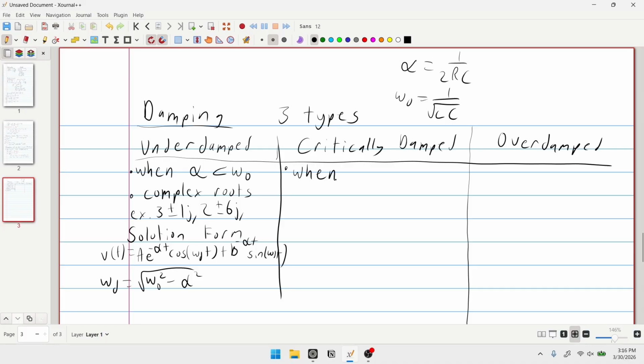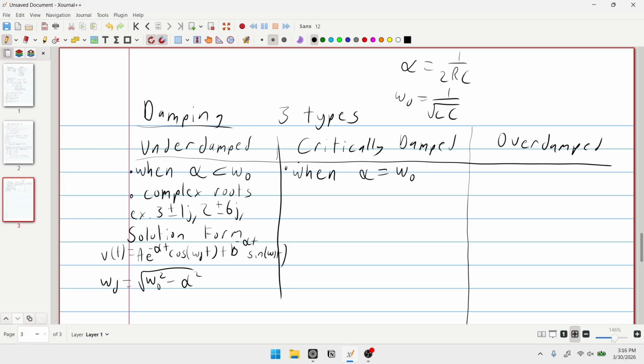And so this happens when our alpha equals omega naught, right? So the cool thing about critically damped is that this causes the circuit to go as quickly as possible to 0, or its resting point, right?